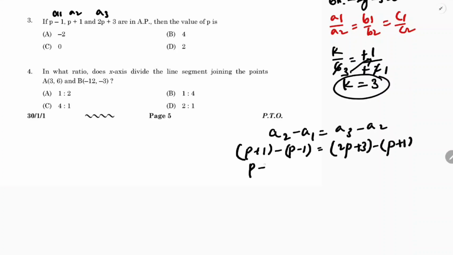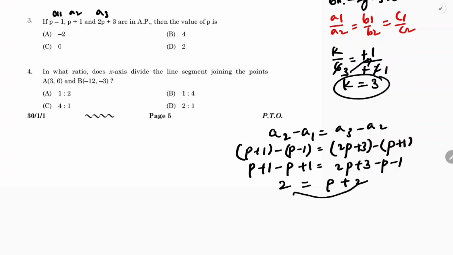So if we simplify, P plus 1 minus P plus 1, equals 2P plus 3 minus P minus 1. So here it is equal to 2. 2P minus P is P, plus 3 minus 1 is 2. So if we transpose this, 2 minus 2 is P. So the value of P is 0. So the correct option is C.